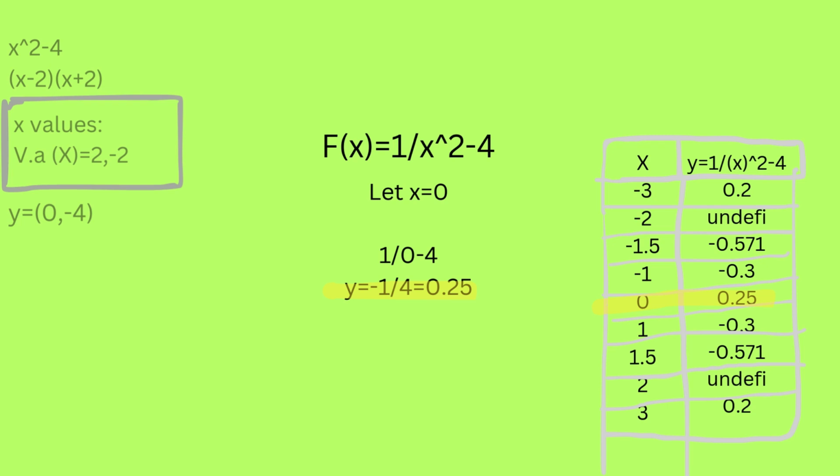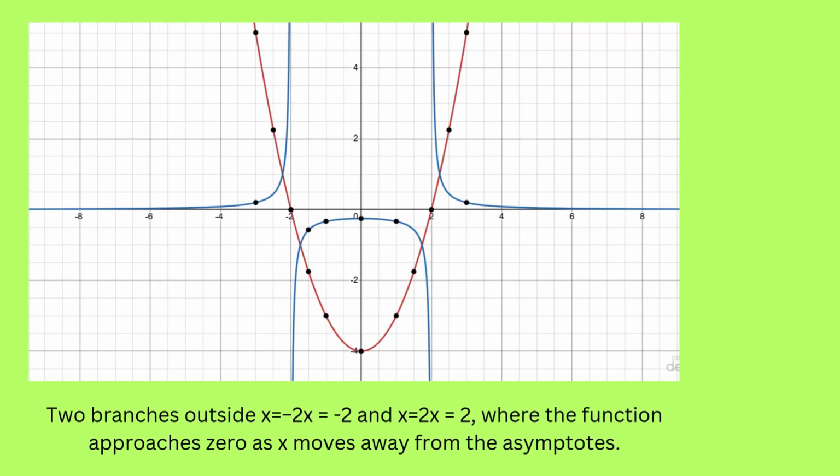Negative 2 and positive 2 are undefined, and according to our graph, that means there is no crossing point at the asymptotes. They're just touching towards the number, like aligning. So here's the graph. What I mean is that the branches outside of x equals negative 2 and x equals positive 2 are where the function approaches 0 as x moves away from the asymptote.